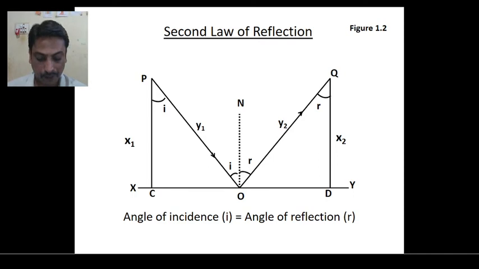According to Fermat's principle, the ray will prefer that path which requires least time. It means dt must be equal to 0.